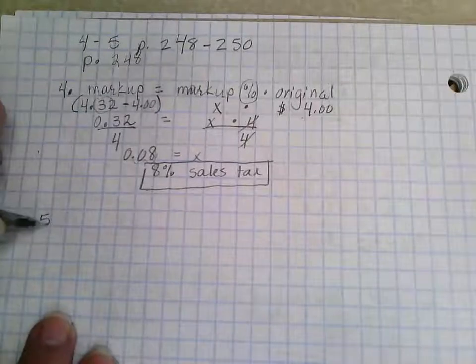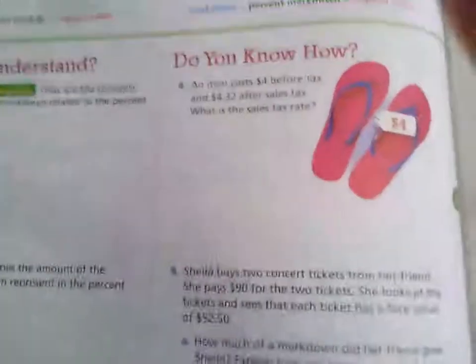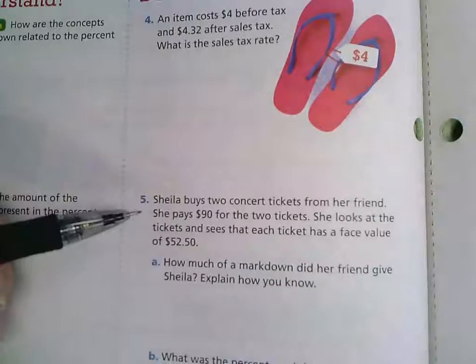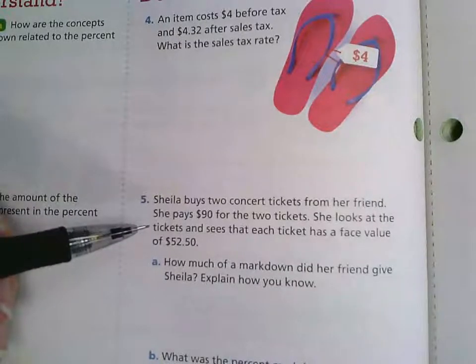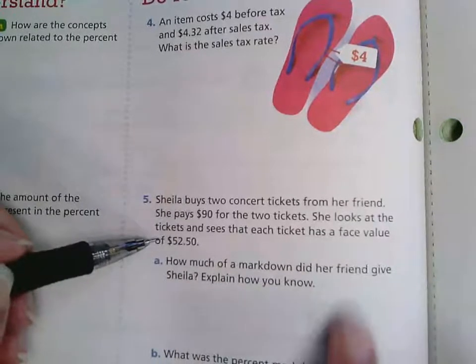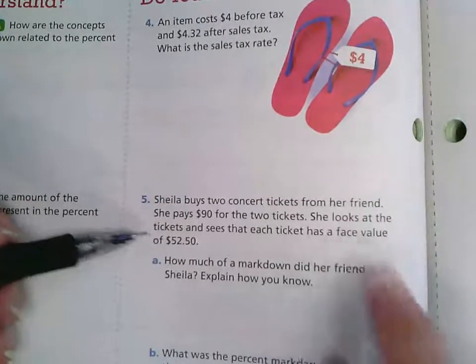Number 5. Sheila buys 2 concert tickets from her friend. She pays $90 for the 2 tickets. She looks at the tickets and she sees that each ticket has a face value of $52.50. Face value means what is printed on that ticket.